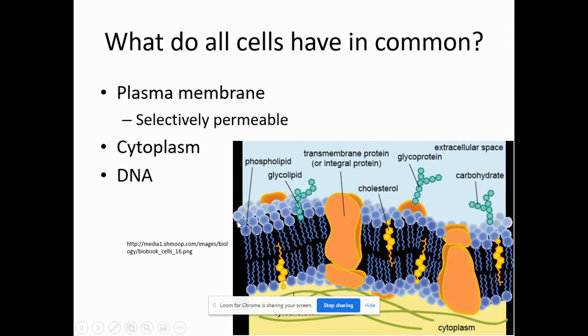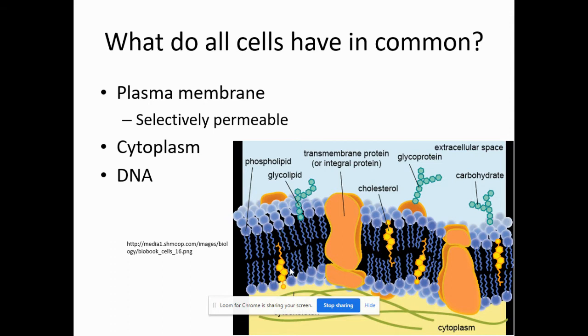Okay, remember phospholipids have hydrophilic heads, okay, and hydrophobic tails. And so the hydrophilic heads are oriented to either the outside external environment or the interior of the cell. And then the hydrophobic tails are facing each other. So you have this lipid bilayer. All right. And the plasma membrane is said to be selectively permeable.